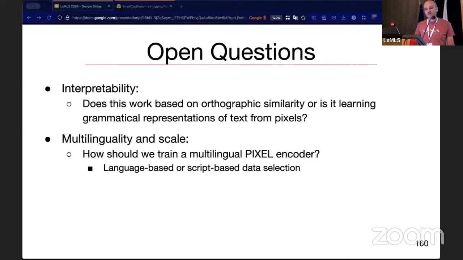And also, we've been doing some work on trying to work multilingually in this case and scaling these models up. Because if somebody says a 13 billion parameter model is a toy, then this is even more so. But we're trying to think about how should we train this? Should we try to do this multilingually for 100 languages? Or should we do this based on visual script-based selection?